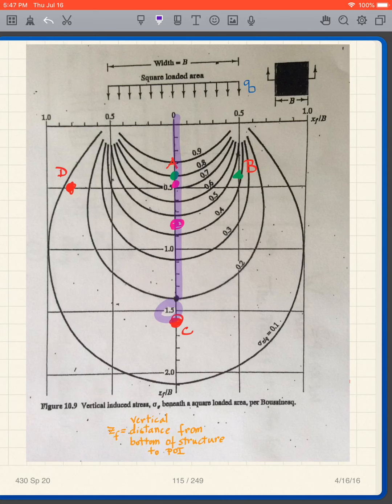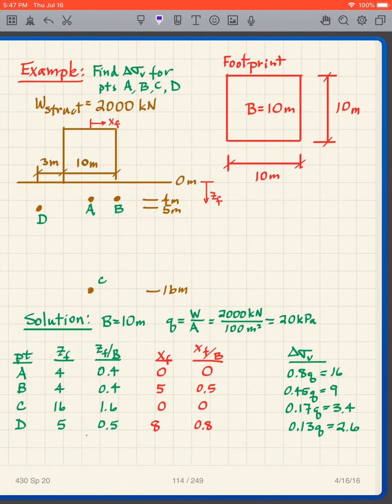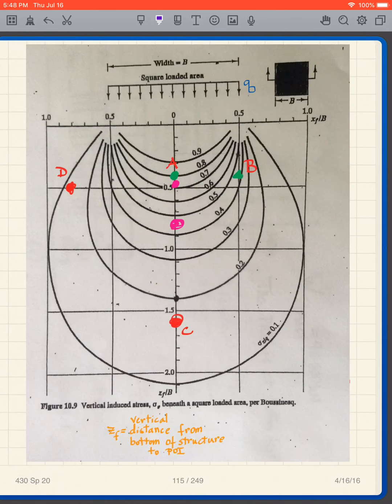Well, there's 1.5, so that's about 1.6. And then point D, I have x sub f over b is 0.8, z sub f over b is 0.5. So I come along here, x sub f over b of 0.8 is there, z sub f over b of 0.5 is there, so there's my point D. Okay, so all of the points are plotted properly on this chart.